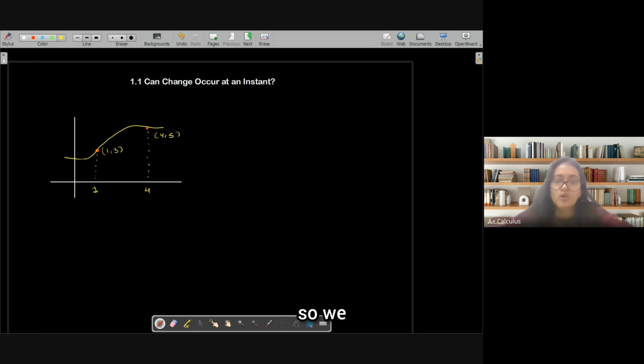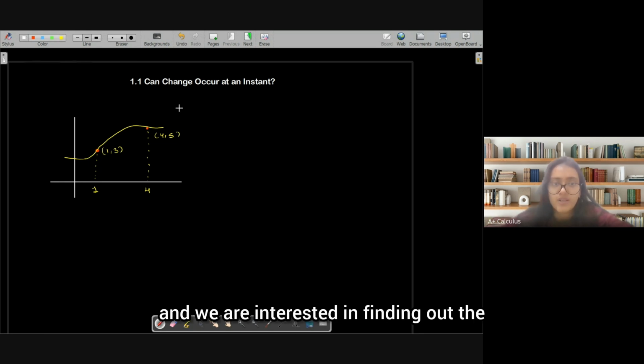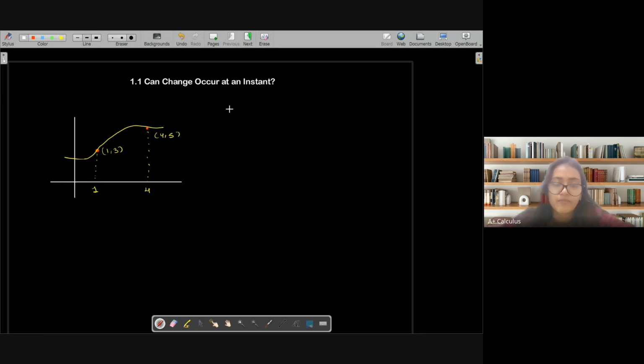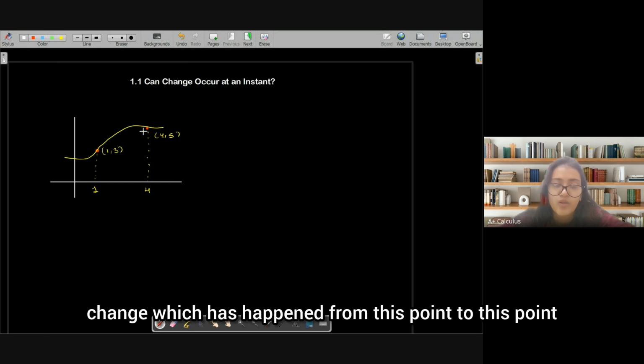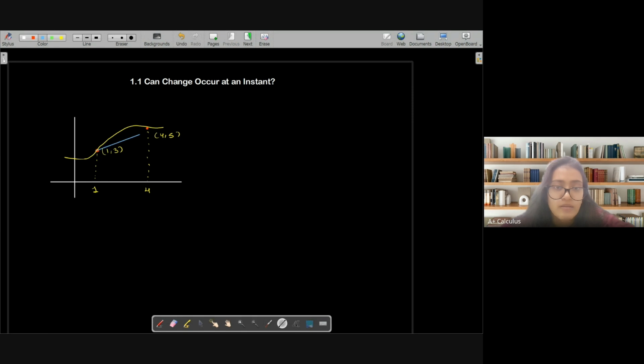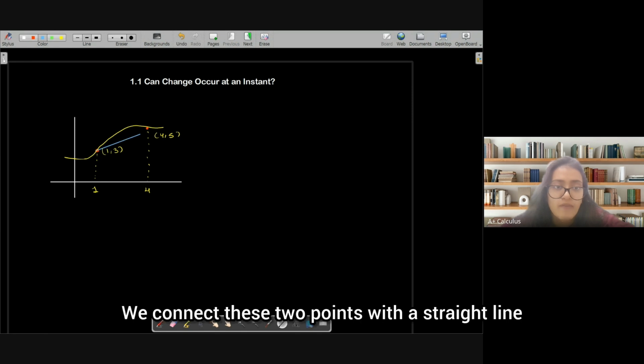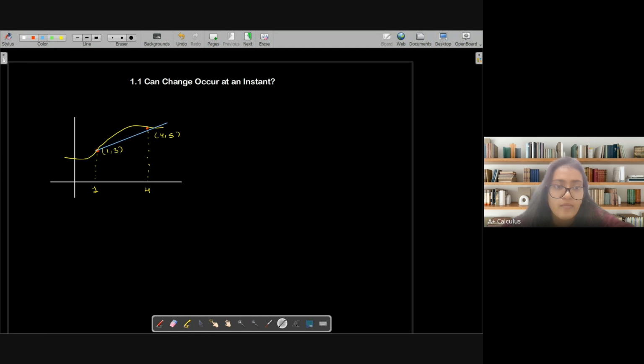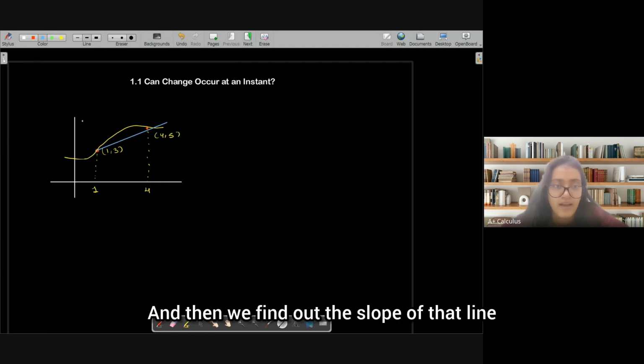So we're interested in finding out the change which has happened from this point to this point. So we connect these two points with a straight line, and then we find out the slope of that line.